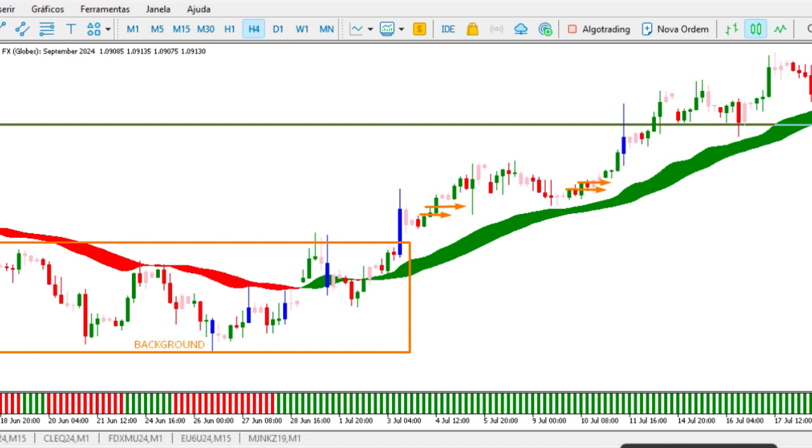For targets, you can use important points on the chart, such as supports if it is a sell, resistances if it is a buy, maximums, minimums, financial or proportional targets, like 1 to 1, 2 to 1, 3 to 1, and so on. An obvious piece of information is that the larger your target, the lower your hit rate.